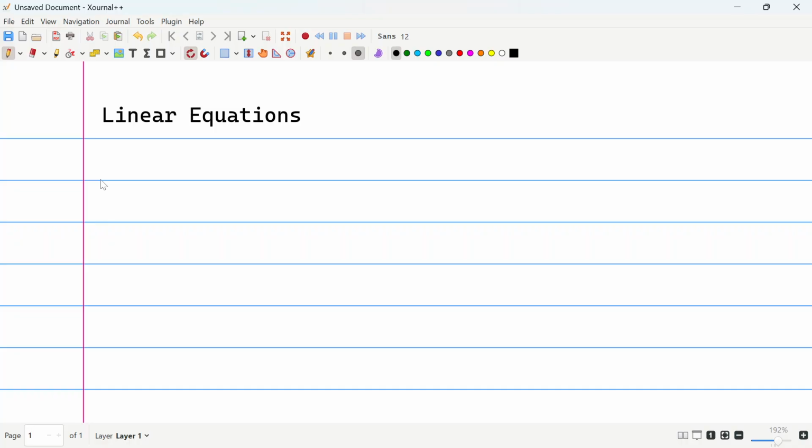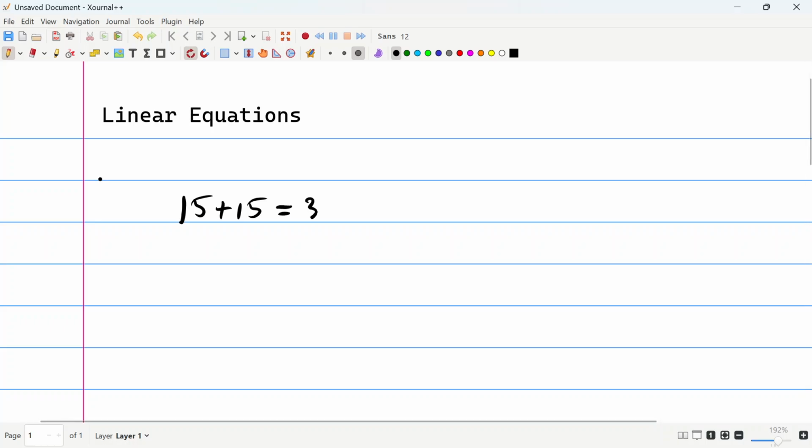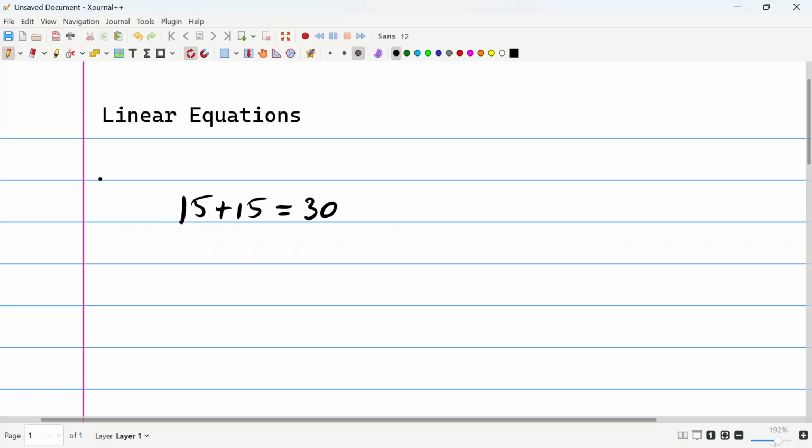Okay, so first things first. Think about this equation: 15 plus 15. What is this equal to? This is equal to 30. What we just did was form an equation. I know we don't have any letters, but bear with me. I'm doing it in a way where you can just understand, and we only have numbers for now.